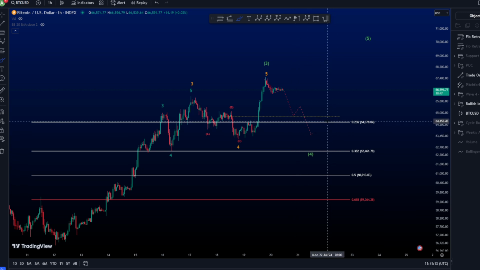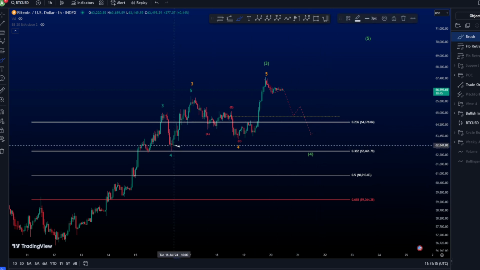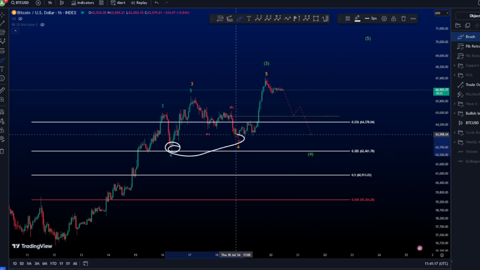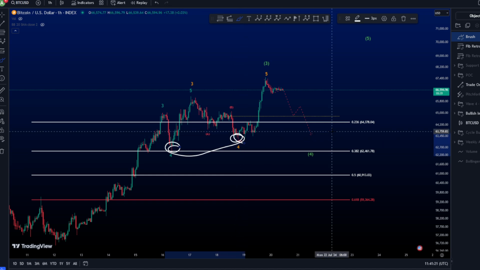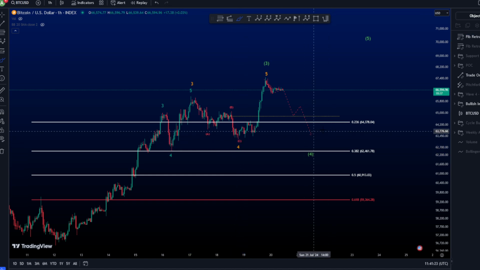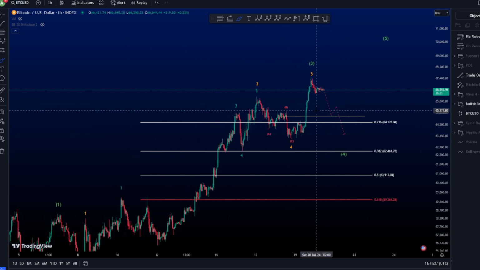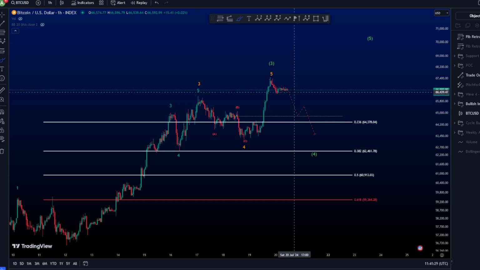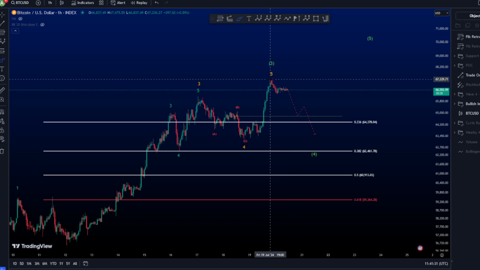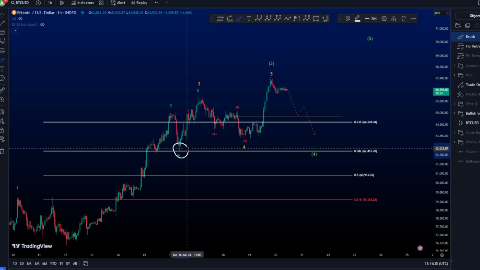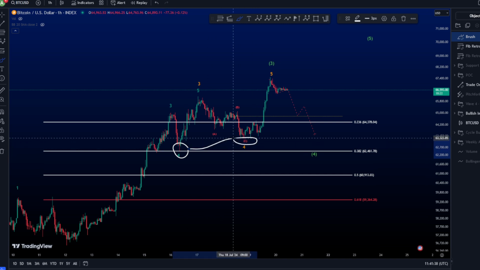That's very possible. However, because both scenarios or both impulses before touched only the 0.23, based on Elliott wave, the last impulsive wave, the main wave of the impulse, might revisit the smaller impulses of the wave 4, right?